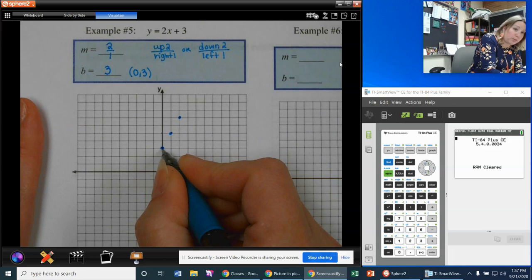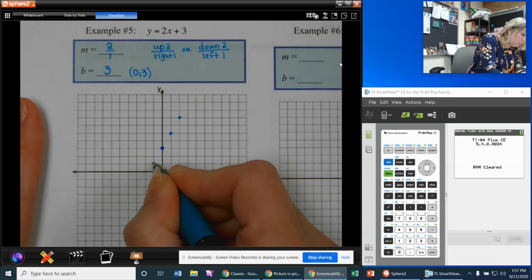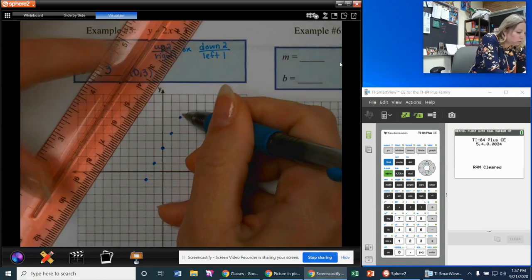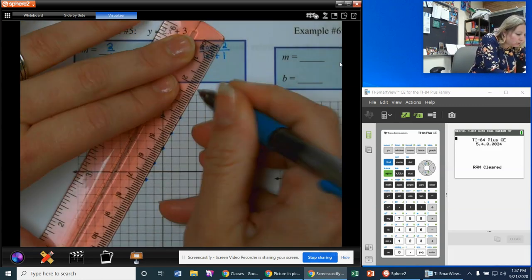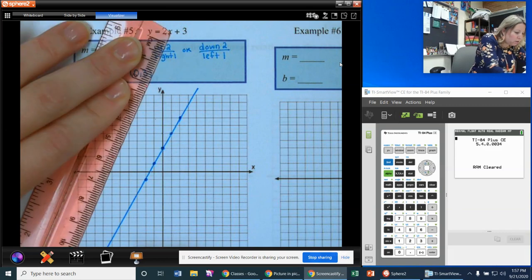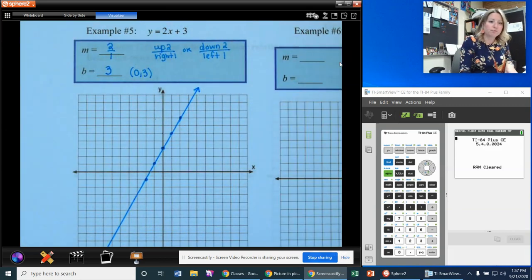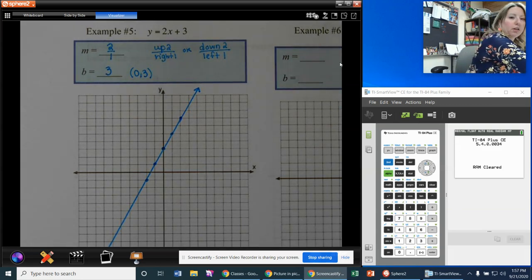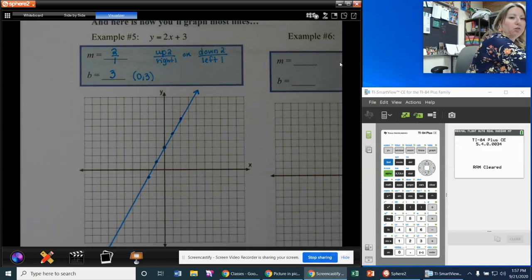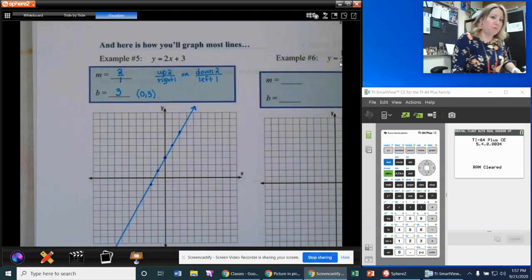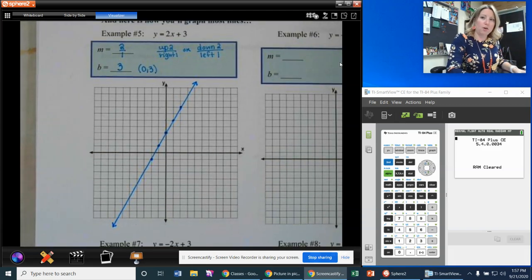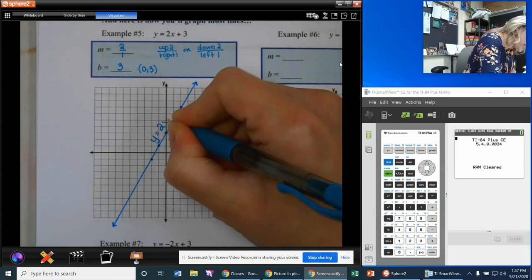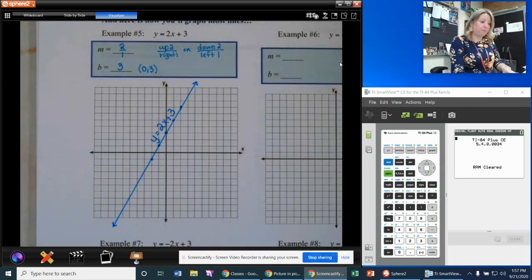Let's go back to the y-intercept and go down 2, left 1, down 2, left 1. Straight edge, constant slope of 2 over 1 into infinity. Cover your whole graph. Here, I'll just zoom out slightly so you can see the bottom has an arrow too. Arrows at each end. Y equals 2x plus 3. Label.